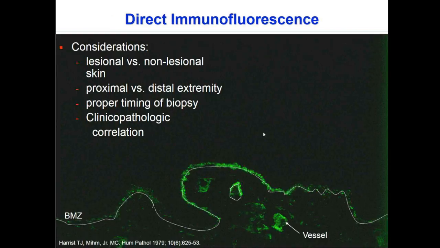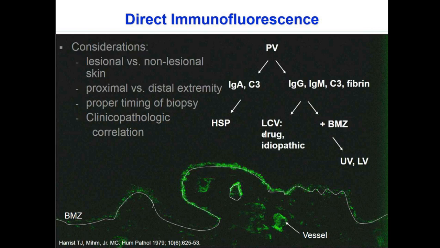I discussed the timing of the immunofluorescence, and just a side note about the distal extremities in elderly patients: due to the presence of stasis dermatitis so ubiquitously in the population, there can be non-specific staining, so proximal biopsy is preferred. Here's a flow diagram to show the pattern of immunofluorescence and the diagnosis that you can achieve.